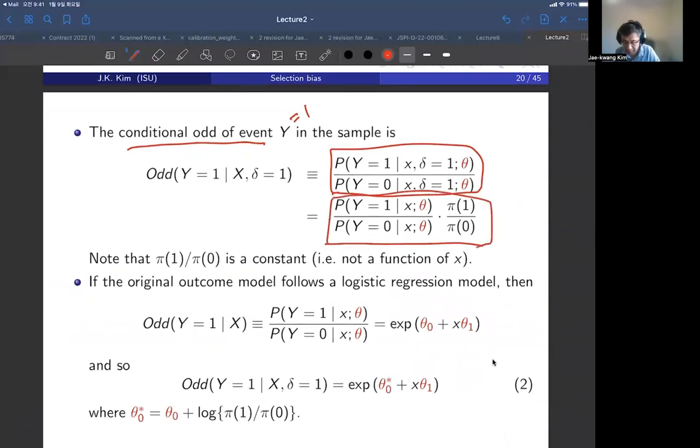So the interesting part is that this is also the odds at the population level, the conditional odds in the population. This is the conditional odds in the sample, and then you have a constant term.